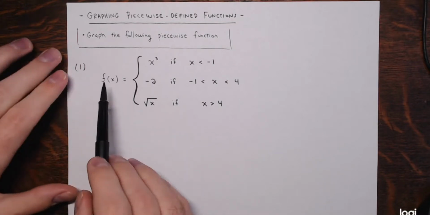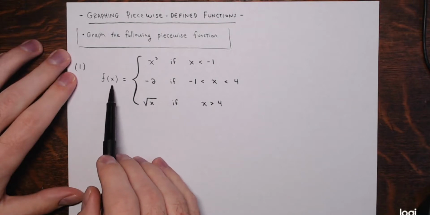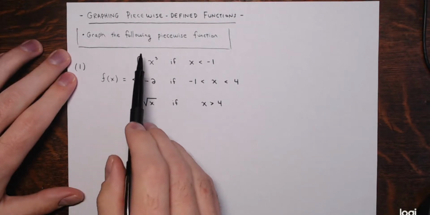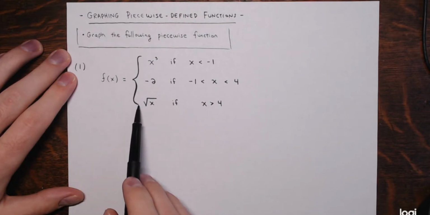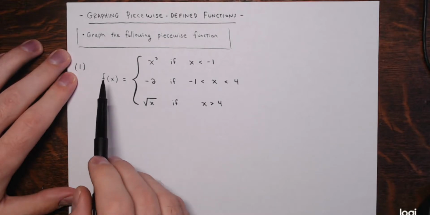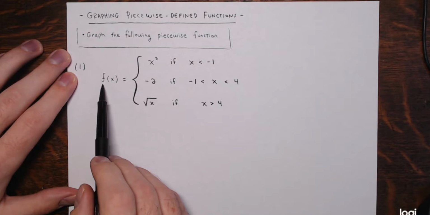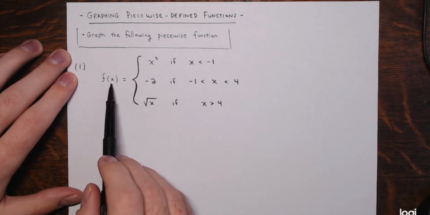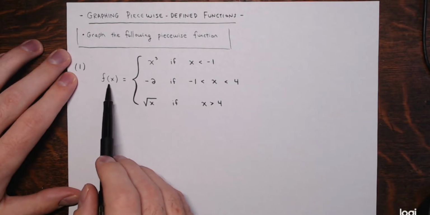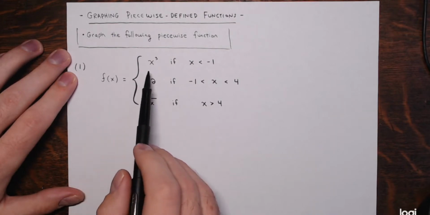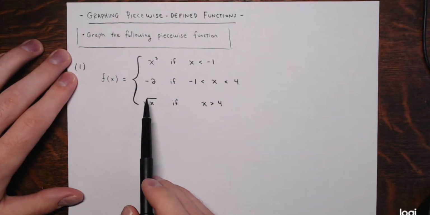So for instance here's a piecewise-defined function, and usually there will be these brace symbols for piecewise-defined functions. So you have y equals, or f of x equals, and I've got this function called f. The input is x, and remember f of x represents the output, and over on the other side is how the output is calculated.